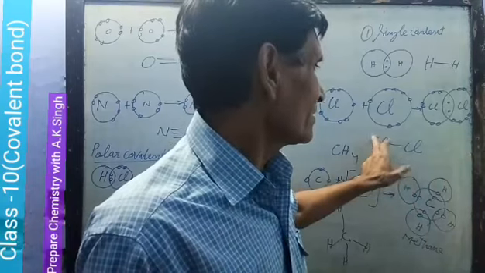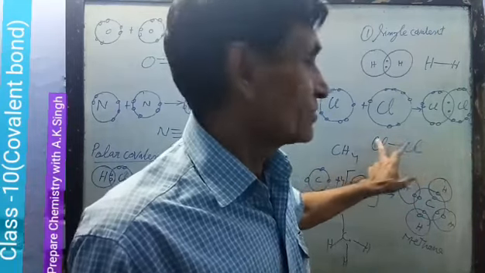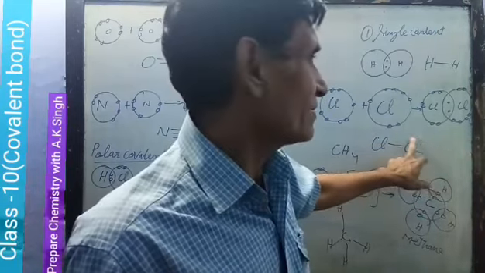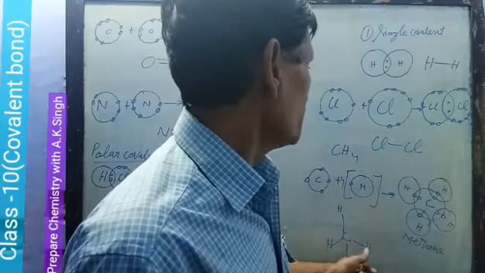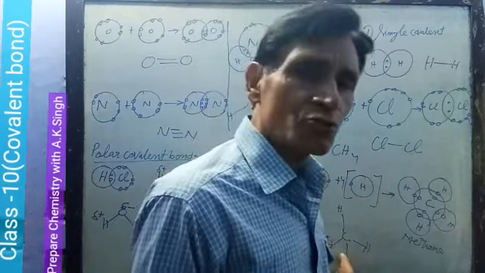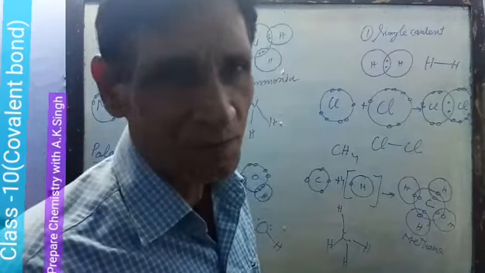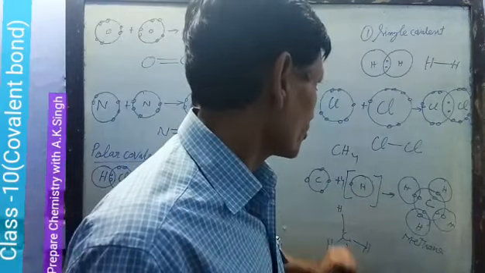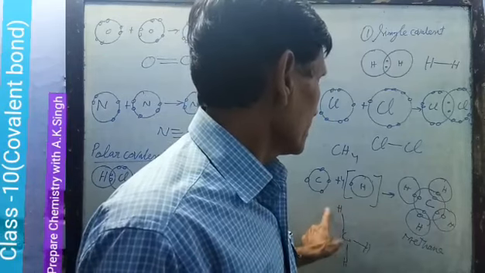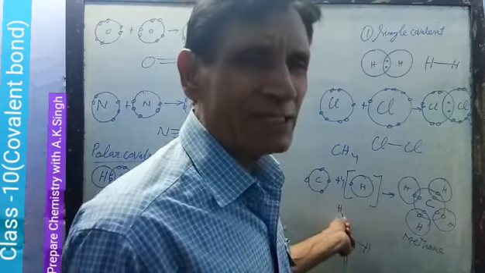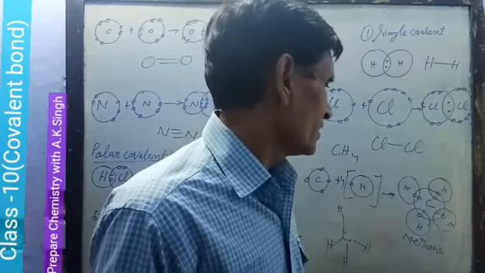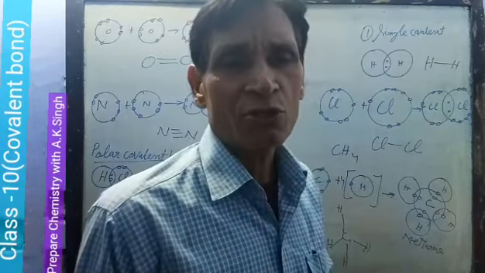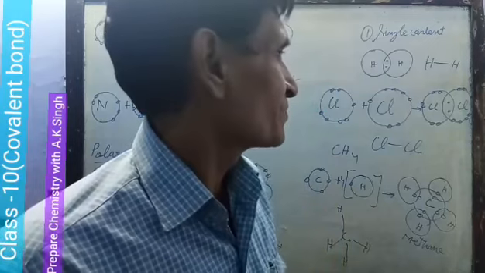Then the result is there is no charge formation on any atom, and this is a non-polar covalent molecule. Methane. Methane is also a non-polar covalent molecule because of its symmetrical structure. There is a very slight difference in electronegativity, and because of its symmetrical structure, the methane molecule is a non-polar covalent molecule.